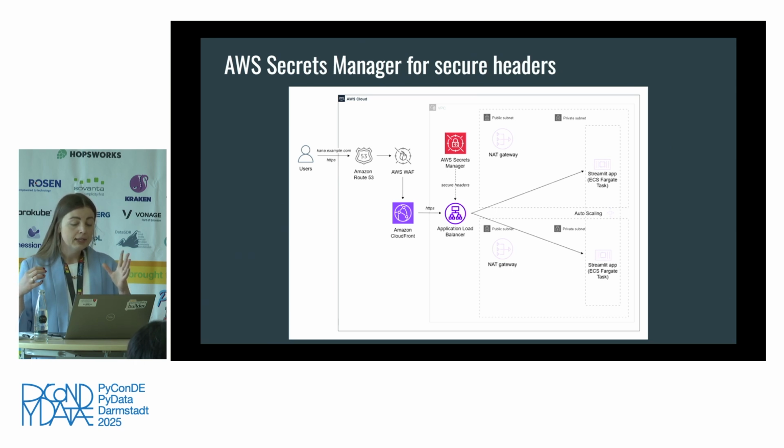CloudFront attaches the secure header to each call made to the application load balancer, and the application load balancer on its side checks the value of the secure header. All the values are stored in AWS Secrets Manager to prevent their exposure.